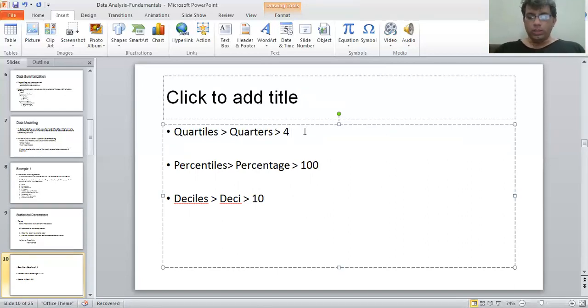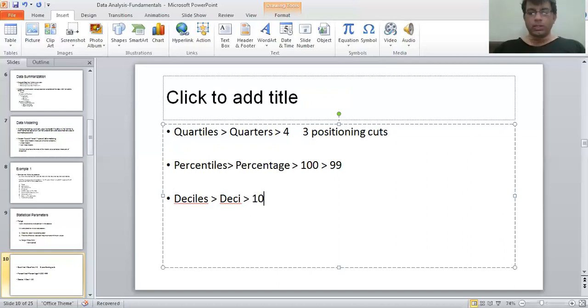And the concept that we just discussed: when we want 4 parts, this could be done by 3 positioning cuts. Let me just correct the spelling of it. When we talk about percentiles, in order to get 100 equal parts, this could be done by 99 positioning cuts.